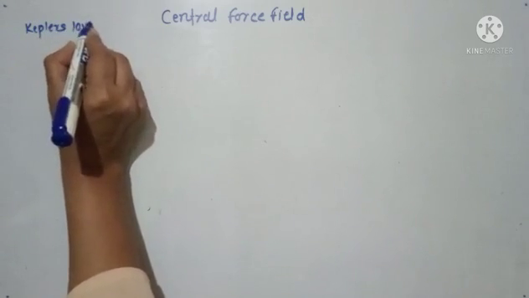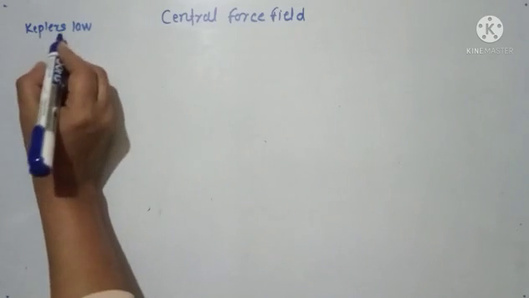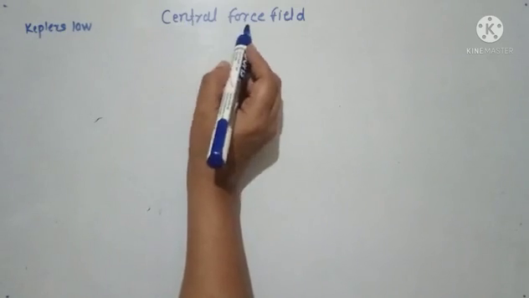Kepler gave three laws regarding the motion of the planets, and as we know that the gravitational force field is a central force field, we are dealing with Kepler's laws which govern the motion of the planets in the central force field.